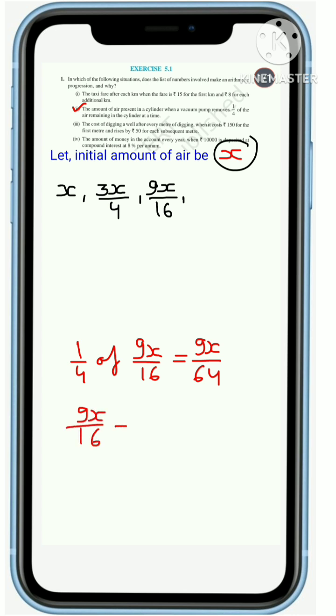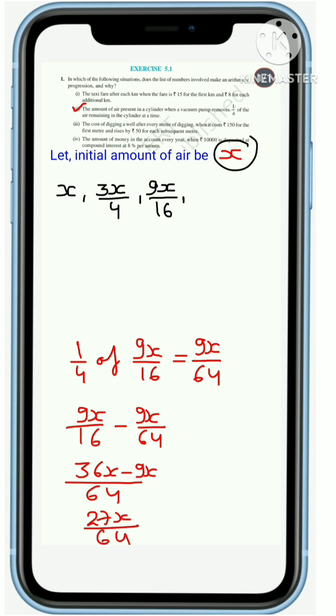9x/16 minus 9x/64, and LCM of 16 and 64 will be 64, and here will be 36x minus 9x, and after subtracting we obtain 27x/64.